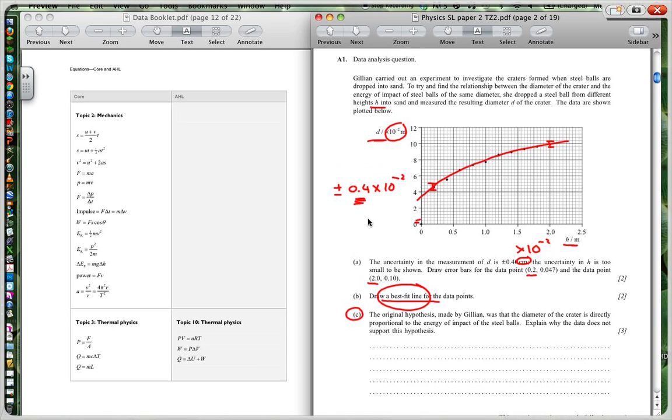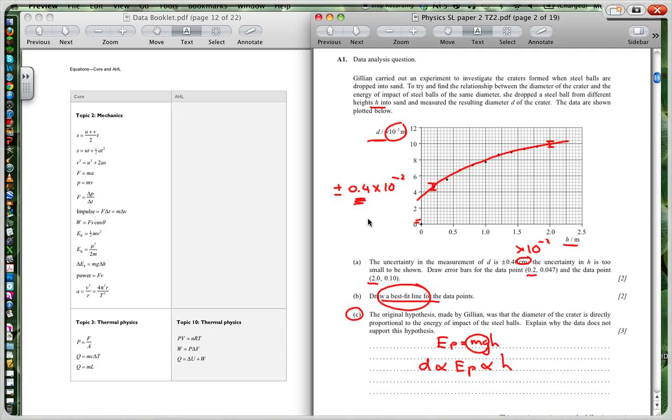Now we know that the energy of impact will come from our potential energy. So we get EP is equal to mgh. So we're going to have that the diameter is proportional to the EP, and therefore, because m and g are constants, proportional to h.